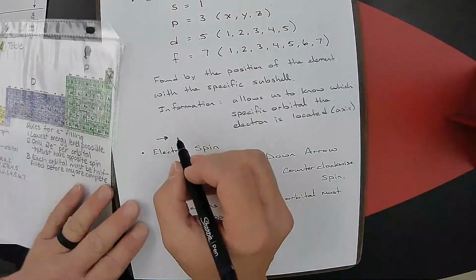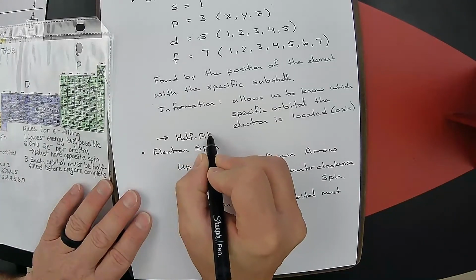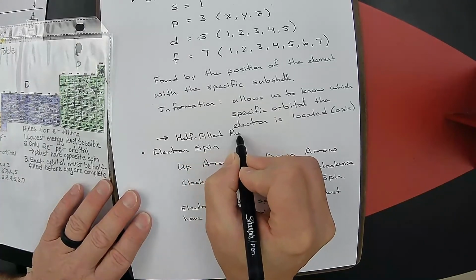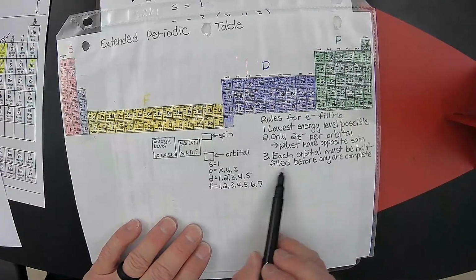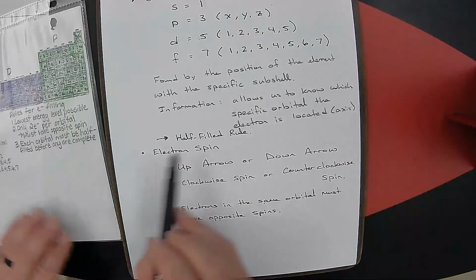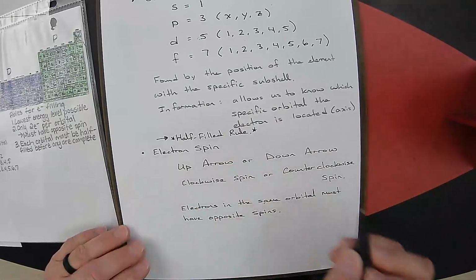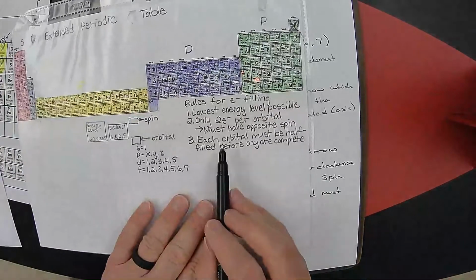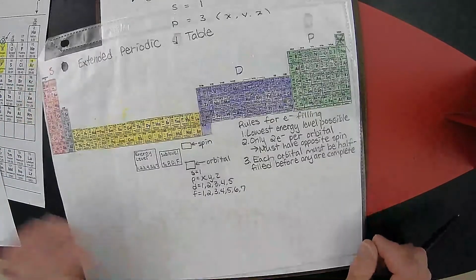So I'm just going to add in the half filled rule, as you already have taken these notes on the back side of your extended periodic table. So we don't need to add that whole sentence again. Just as a note, there is a half-filled rule, meaning each orbital must be half-filled before any are complete.